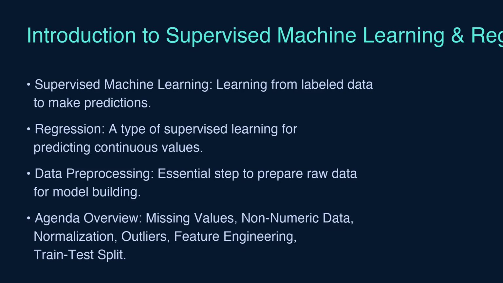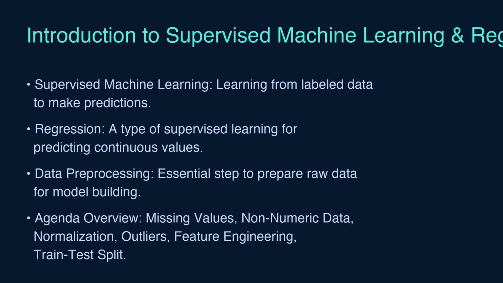Good morning, afternoon everyone. Today, we are diving into the critical initial phases of building effective supervised machine learning models, specifically focusing on regression tasks. Supervised learning, as you know, involves training a model on a dataset that contains both input features and corresponding output labels, allowing the model to learn the mapping from inputs to outputs.